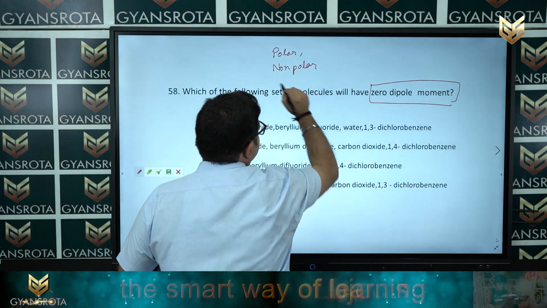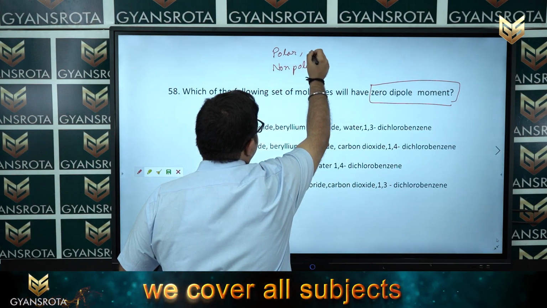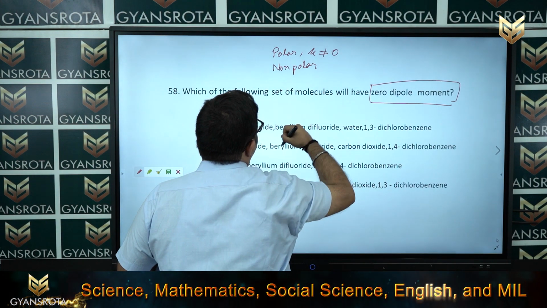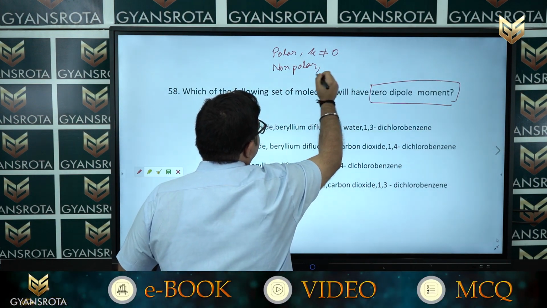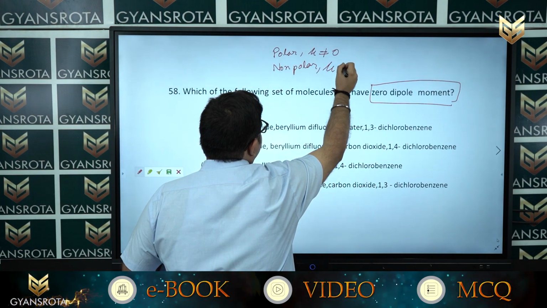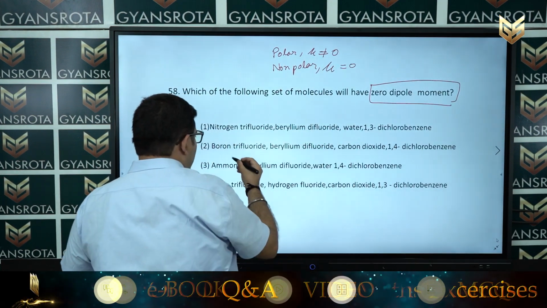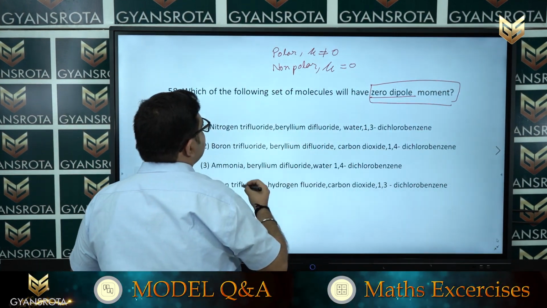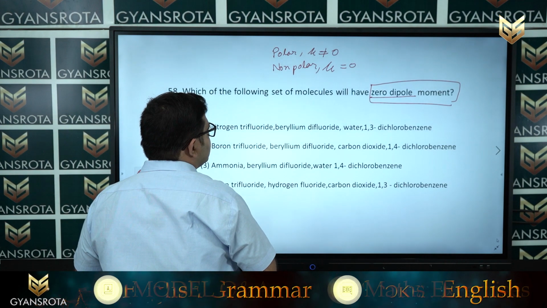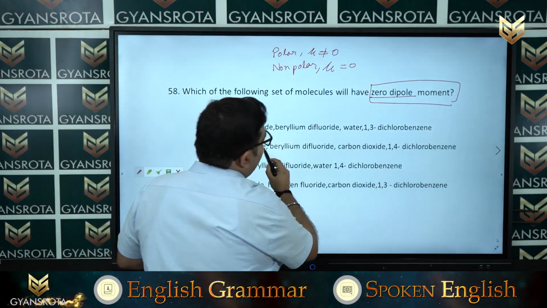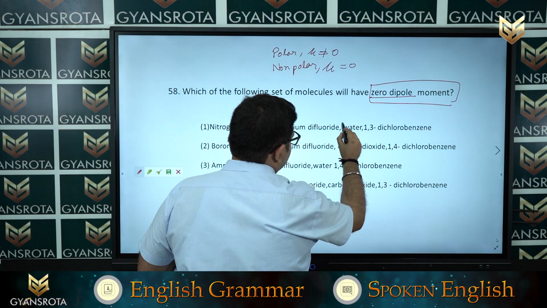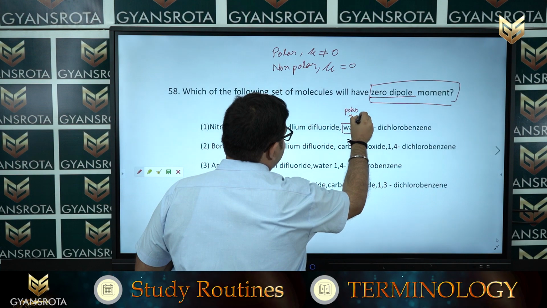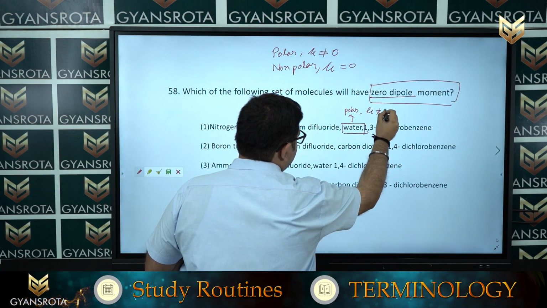In polar molecules, the dipole moment, which is indicated as mu, is not equal to 0, but in non-polar molecules your dipole moment value is equal to 0. So, among the options they ask which have a zero dipole moment, means we have to find out non-polar molecules. Now, in the first option you have water, and we all know water is a polar molecule, and when it is polar your dipole moment value is not equal to 0.